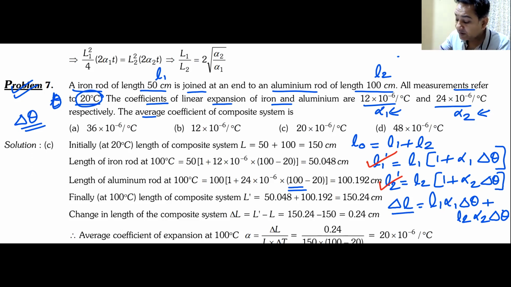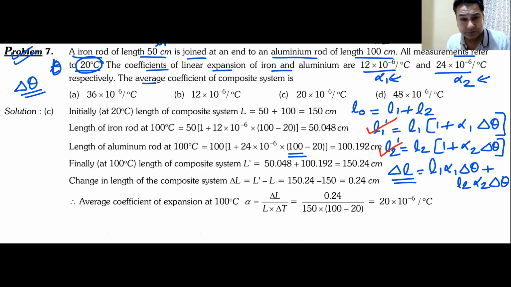Once you get the value of delta L, you can find the coefficient of expansion. You already know the theory behind it. This delta L divided by L into delta theta would give you your alpha.